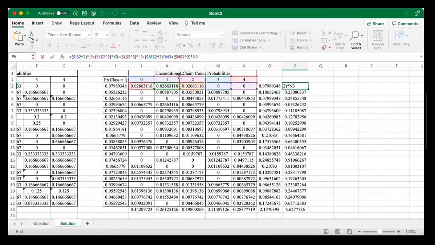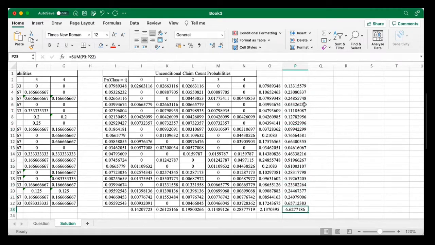We add up all the values to obtain the value of EX squared for each row. Finally, we sum up the values in column P to obtain the value of EX squared.